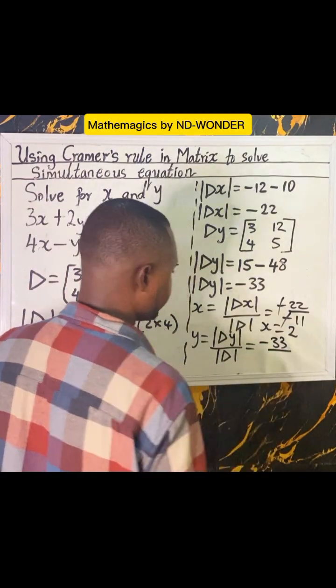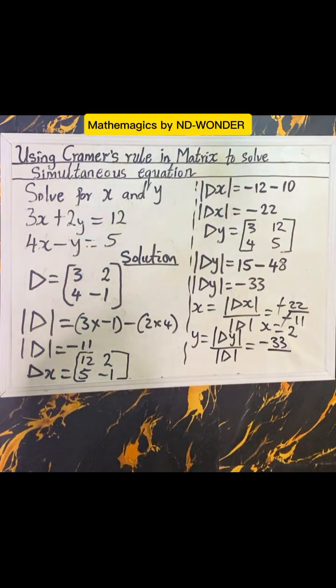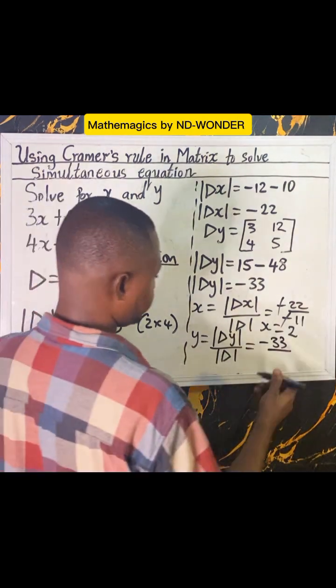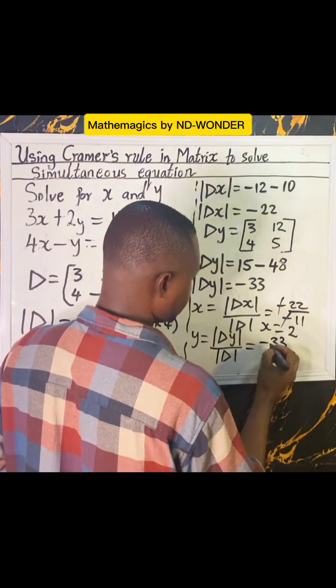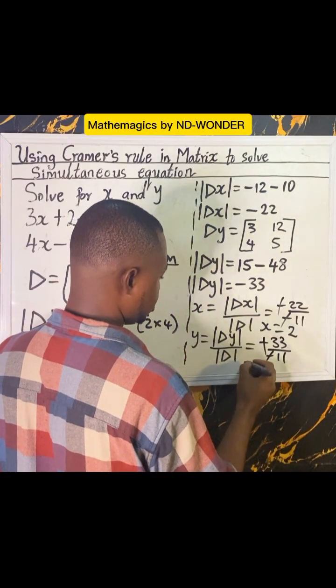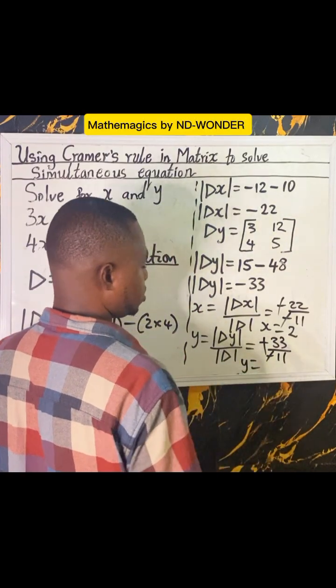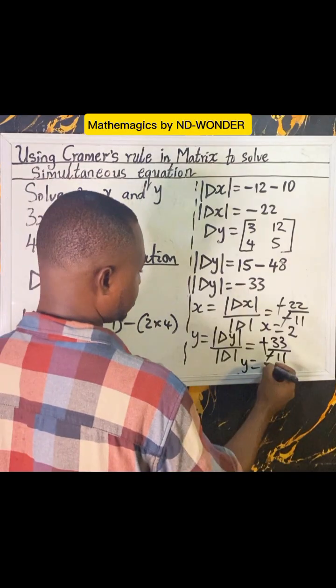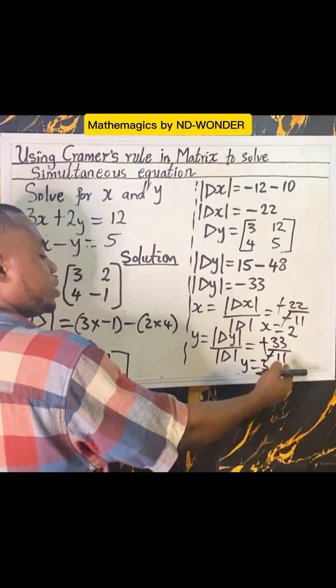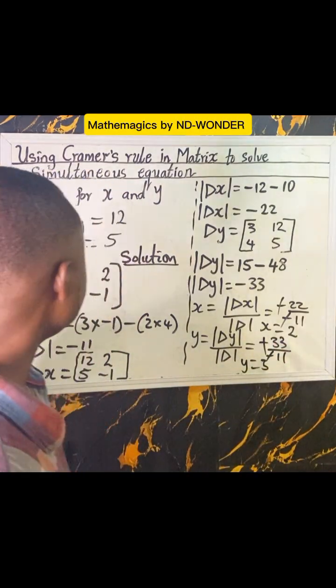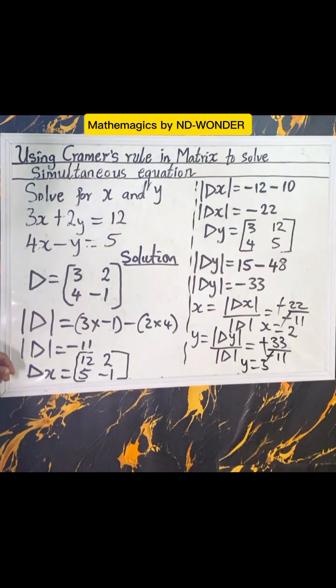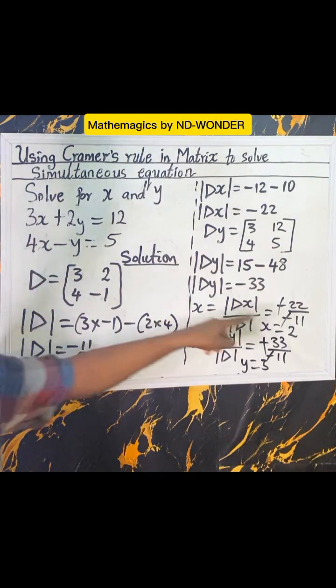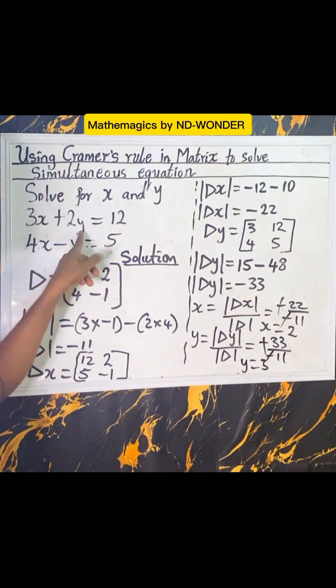Then divided by the determinant of change here, which is minus 11. Minus cancels minus. So y becomes 33 divided by 11, which is 3. So in this equation, the value of x is 2 and the value of y is 3.